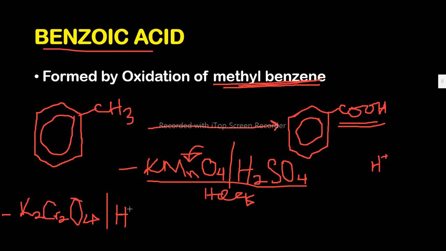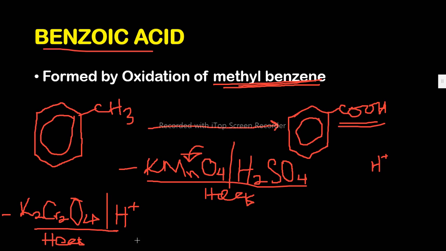Okay? No other acid. If you use HCl, then it will react with this. If you use nitric acid, still it will react with this, and the reaction won't occur. So here we shall use sulfuric acid, and then we do the heating. So these two are the common oxidizing agents that we have in a laboratory.